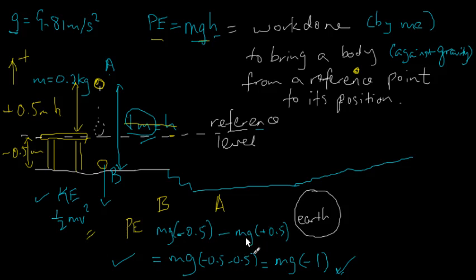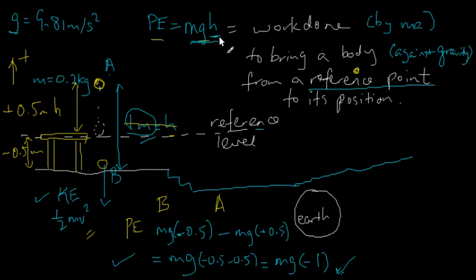So just to summarize what I'm saying so far: don't just take the potential energy as the formula mgh itself. We need to also remember that the formula for the potential energy needs this information about the reference point, right?